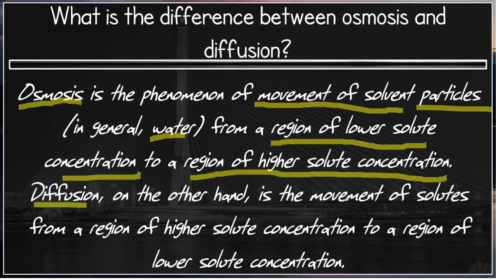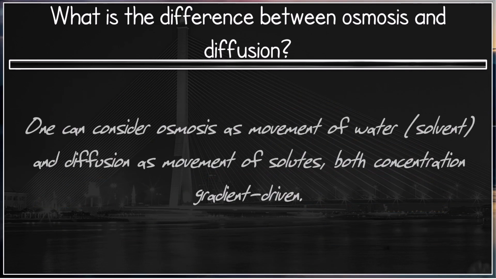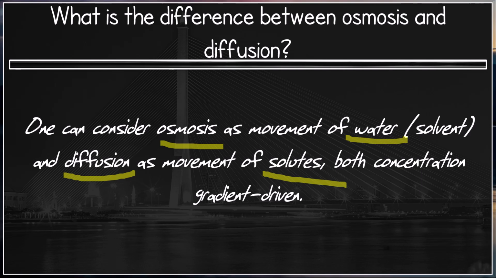Diffusion, on the other hand, is the movement of solutes from a region of higher solute concentration to a region of lower solute concentration. One can consider osmosis as the movement of water, solvent, and diffusion as the movement of solute, both concentration gradient driven.